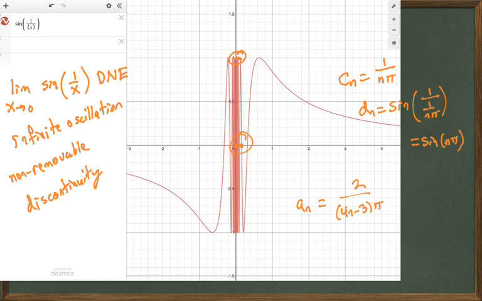Where n is an integer, so we're talking about pi and 2 pi and 3 pi and 4 pi, etc. And the sine of all of those would be 0. That's how we would show there's infinitely many zeros as we approach 0, just as we have infinitely many 1s as we approach 0.